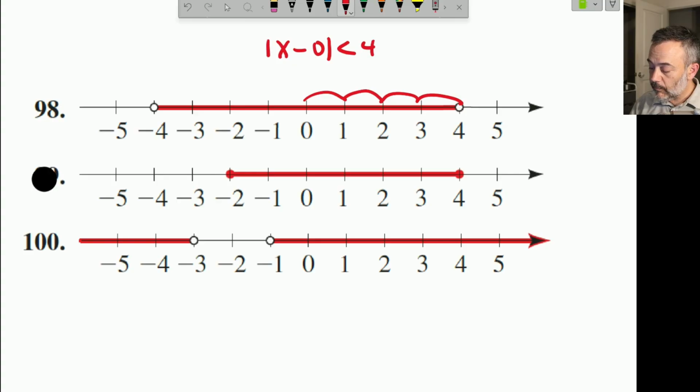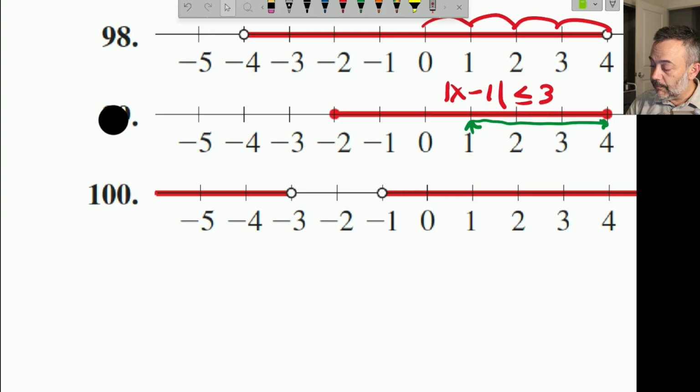This one here, the center is 1, so the absolute value of x minus 1 is less than or equal to 3. The center is at 1 here, and the radius, the distance from the center to the boundary, is 3 units. So that's why this is a 3.